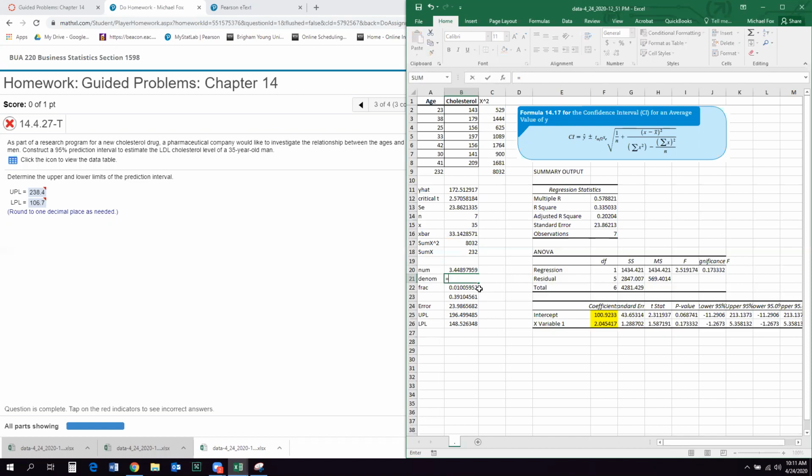And then our denominator is the sum of X squared minus sum of X squared. So I'm just reworking these variables to see and see where I made a mistake.